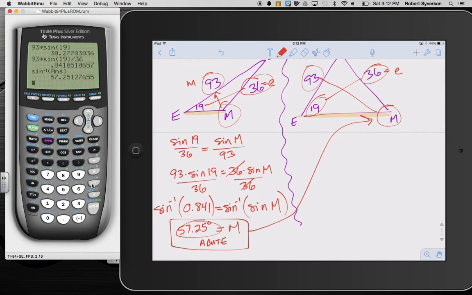All right, because that one is drawn in as my acute angle. So that is 57.25 degrees, and this angle here, okay? So over here, I'm going to say M equals 57.25 degrees for that triangle.